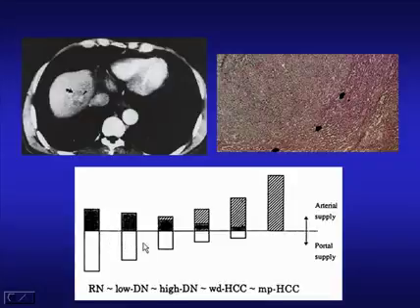We go through dysplastic nodules, we gradually introduce an abnormal arterial supply, and as we go through progressively more malignant lesions from well-differentiated to poorly differentiated HCC, in the end this transformation is complete, and the poorly differentiated HCC will derive its entire blood supply from an abnormal arterial circuit and almost none from the portal circuit.